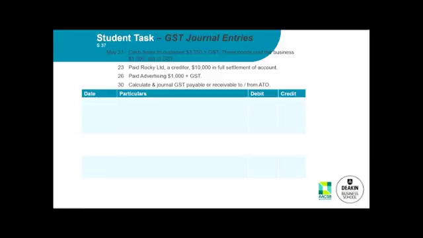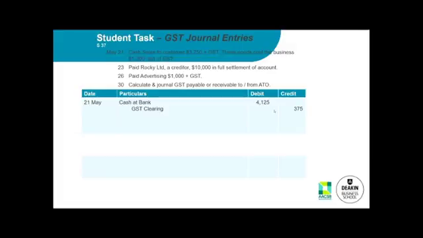Okay, some other final entries here. Cash sales and advertising and more final reconciliations of the GST. So on the 21st, we had our cash sales of 3,750 plus 10% for GST gives us 4,125.